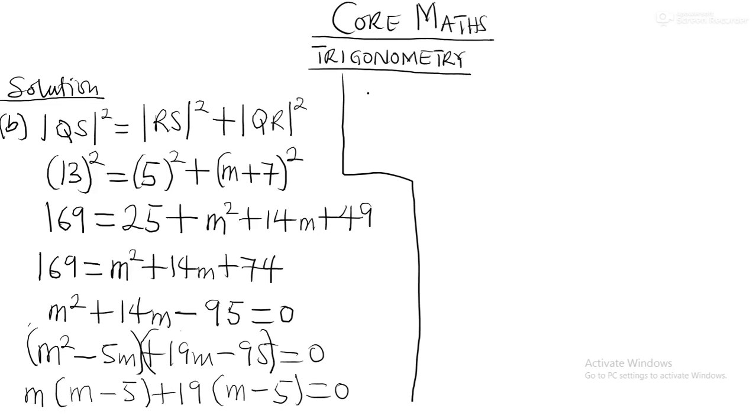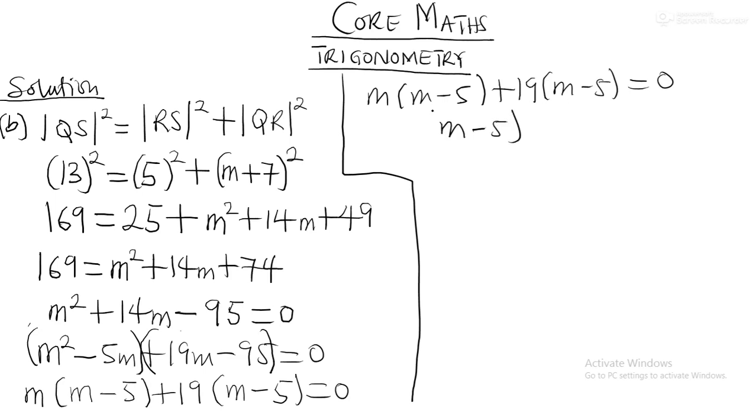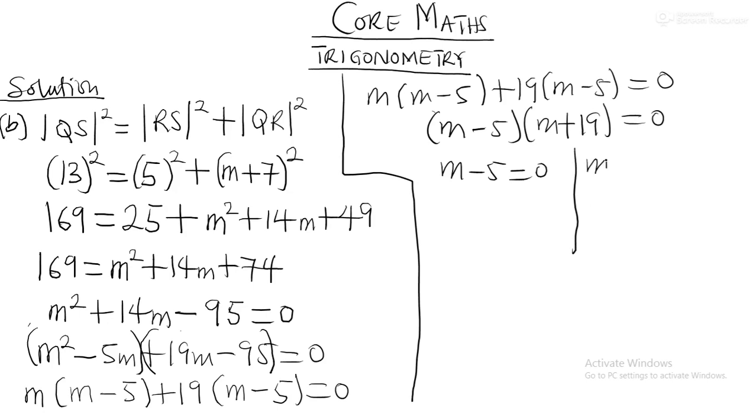So having m out, m minus 5, and then plus 19 out, m minus 5 equals 0. Looking at this, the common factor here is m minus 5. So m minus 5 out, you have m plus 19, equals 0. So now m minus 5 is equal to 0, or m plus 19 is equal to 0.